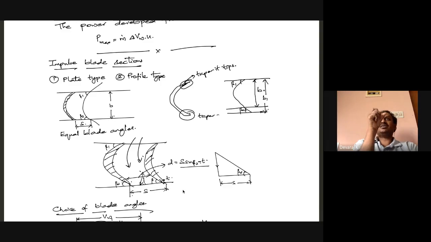So S, my circular pitch, multiplied by sine beta 2. It's the opposite side if I look at it. So that is my flow channel distance, the flow channel through which your flow will be there. If I have more thickness, this gets reduced. So that's why it is minus T by 2 plus T by 2, it becomes thickness.